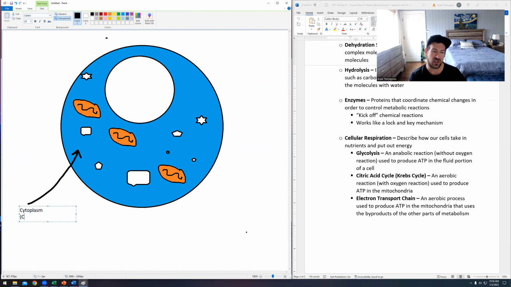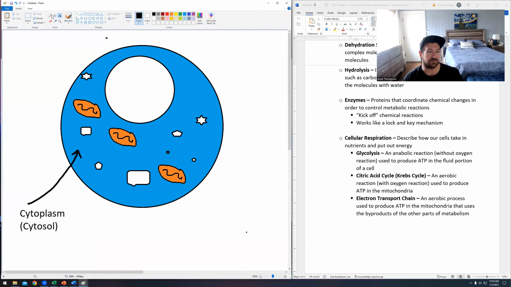The fluid is called cytosol. When it's filled with all the little pieces of stuff, we call it cytoplasm. And this is where we do glycolysis. Glycolysis takes place inside of our cytoplasm.